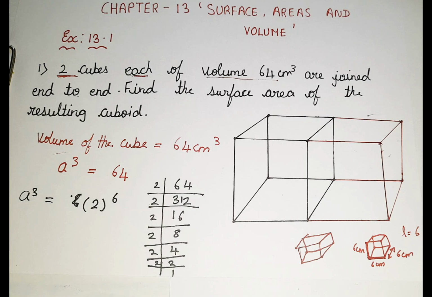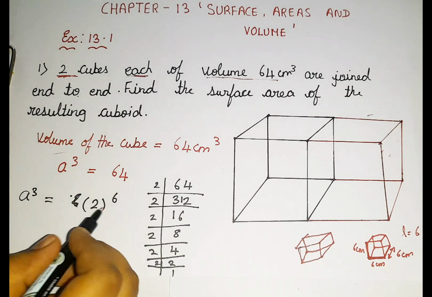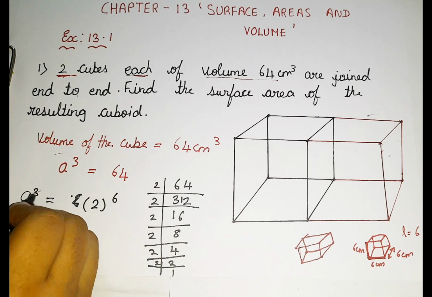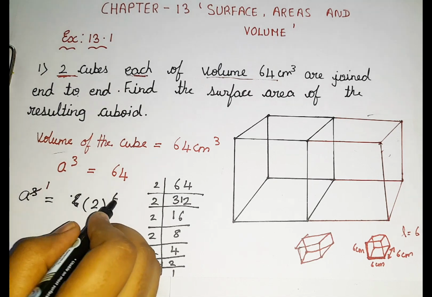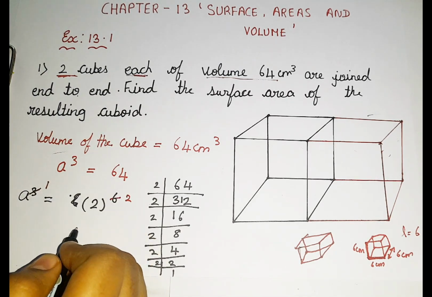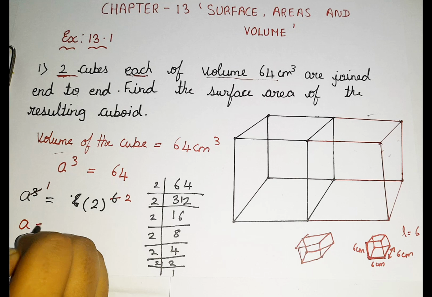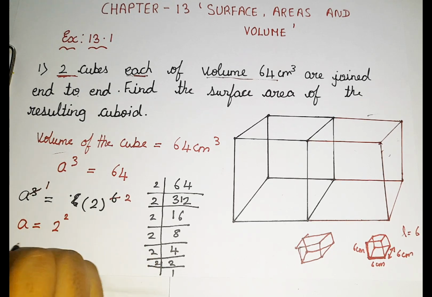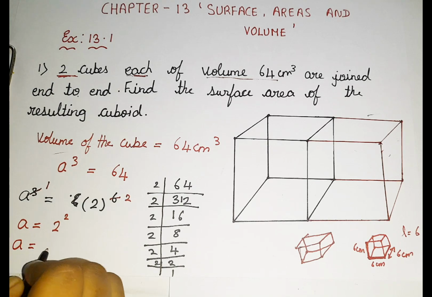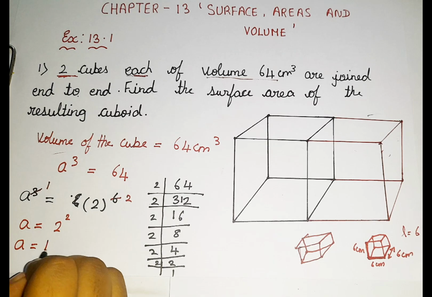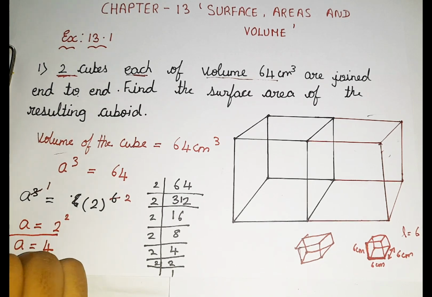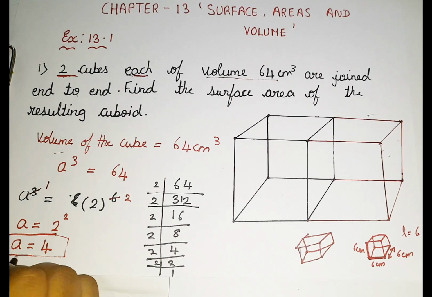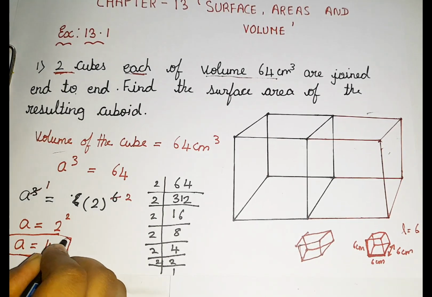Can I just cancel it in the 3 table? Of course. 1 3 is 3 and 3 2s are 6. So now a is equal to, here we have square, 2 square. What is 2 square? 2 square is equal to 4.